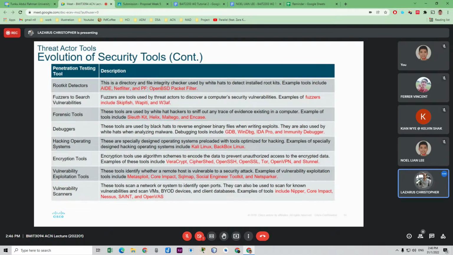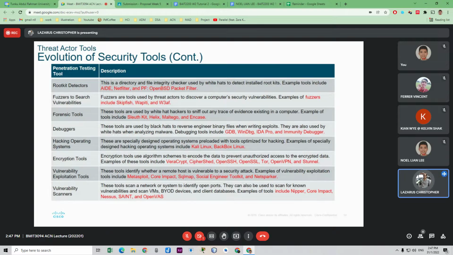But sometimes, and most times, they don't do this. So this works in the sense that people don't update to patch the vulnerabilities. To make it easier to search for vulnerabilities, they just load a lot of vulnerability detectors inside the software and run it, and it will tell you, oh, this one is vulnerable to this, this one is vulnerable to this. Then you know already how to attack the computer, right?